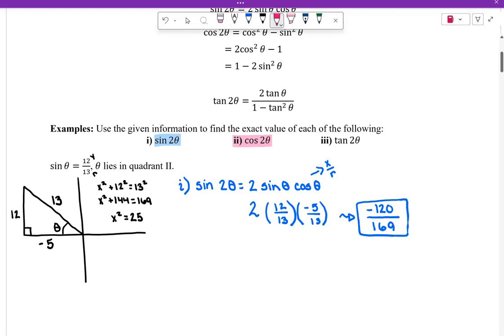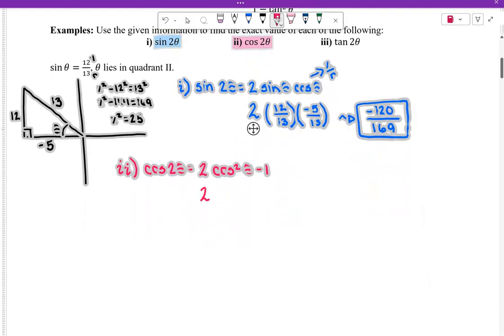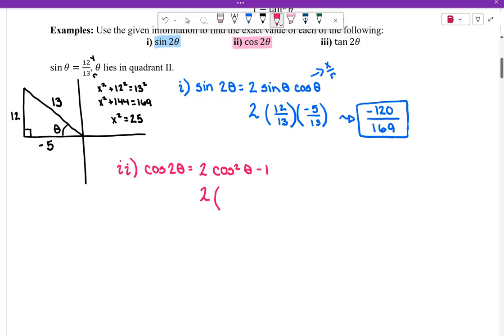Let's go to cosine. So we're going to have cosine of 2 theta. It doesn't really matter which one we do. Let's go ahead and go with the second one. So we have 2 cosine squared theta minus 1. Let's see what we got here. So we got 2. We already know that cosine is that negative 5 over 13.